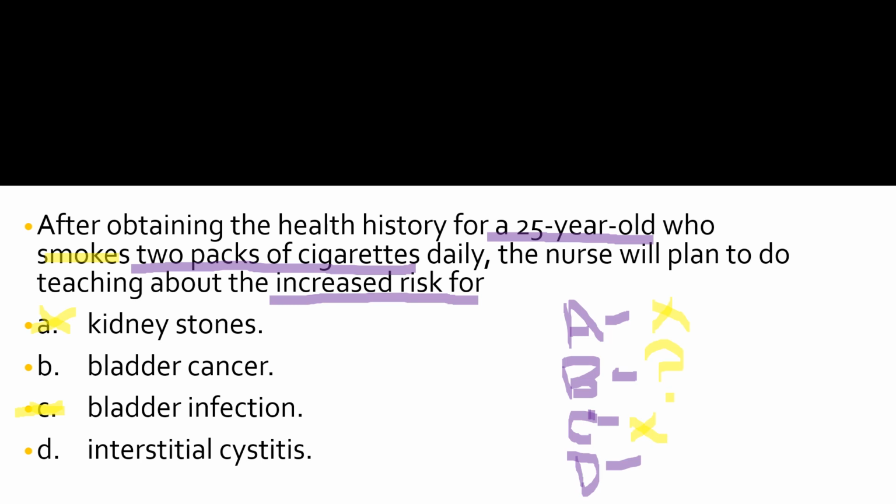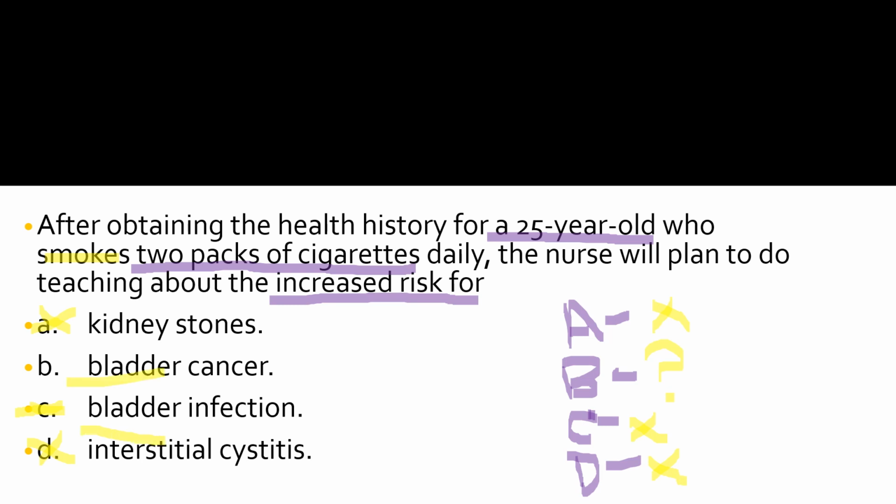And then what about interstitial cystitis? No? Okay, so it's pretty much the same thing as a bladder infection, right? We have an infection in the bladder. So bladder infection, issue with bladder, we said no. But you remember from your book that it's something to do with the bladder.